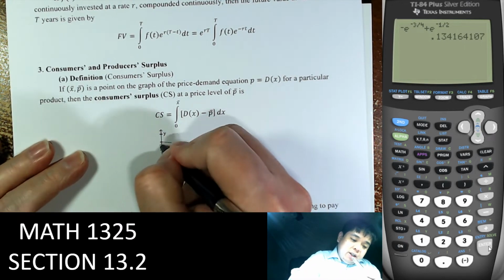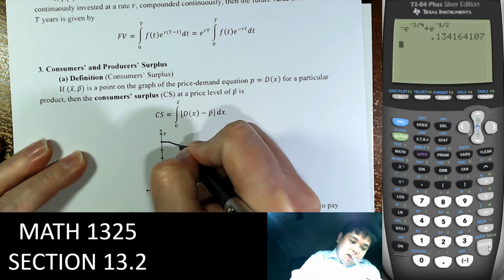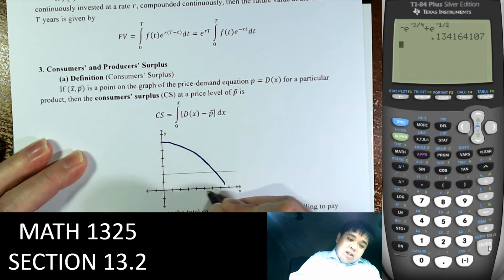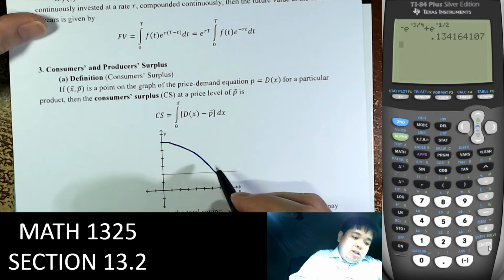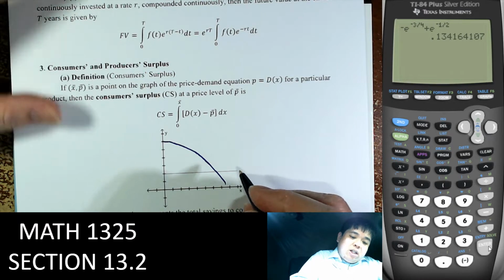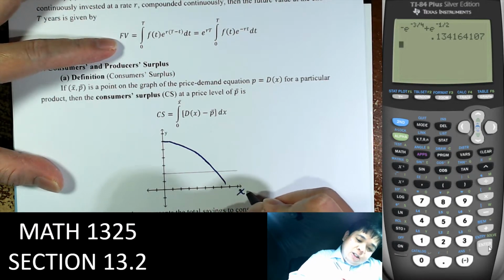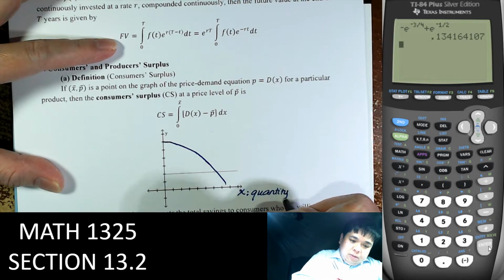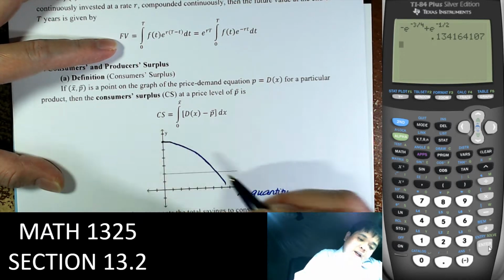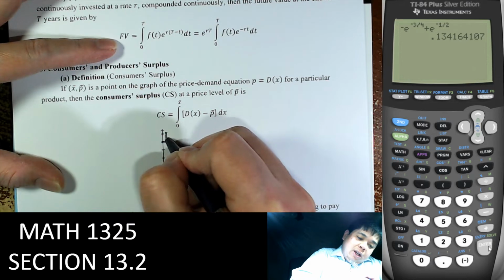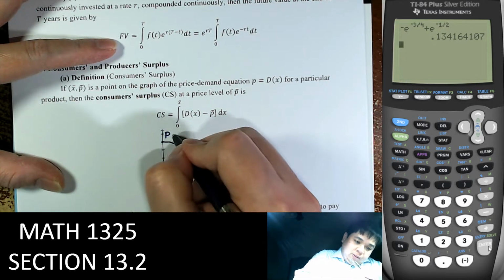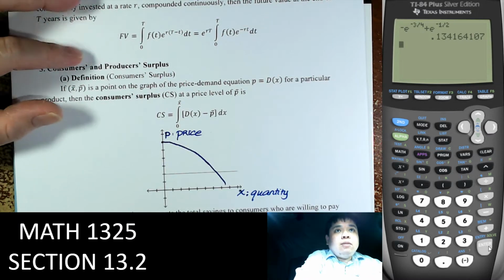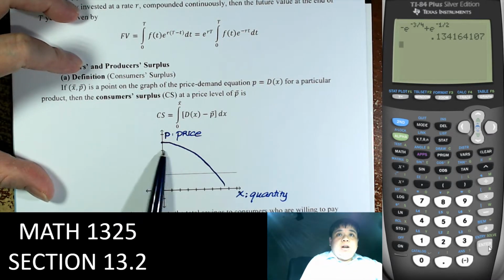So we have the price-demand equation like this. x is the quantity, and p is the price. And of course, this should be a decreasing function.